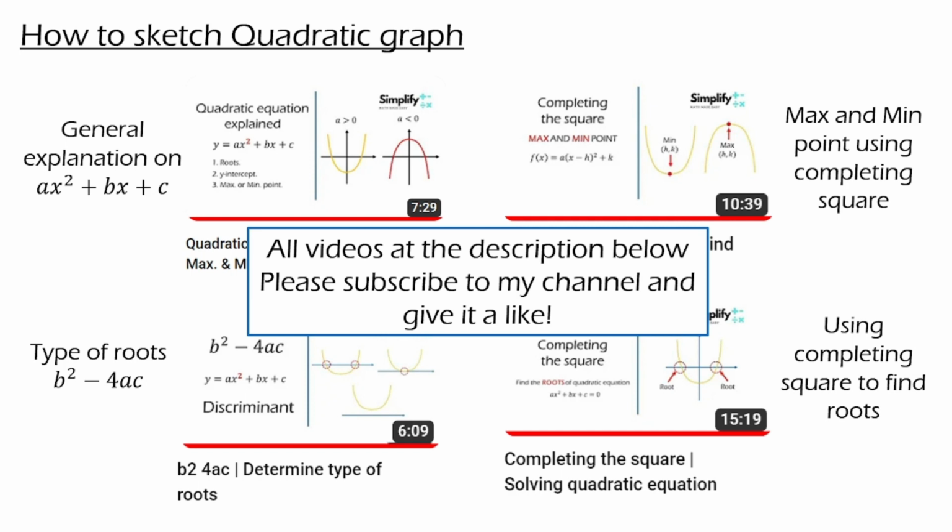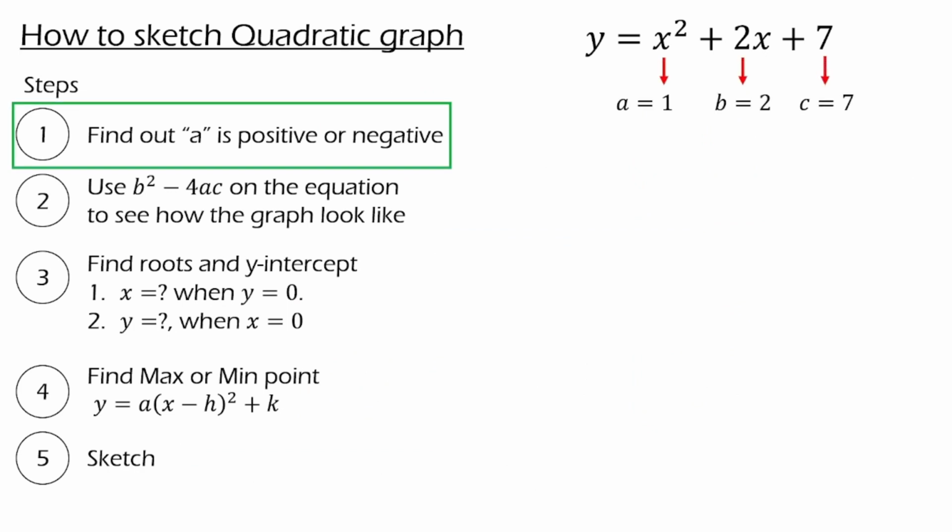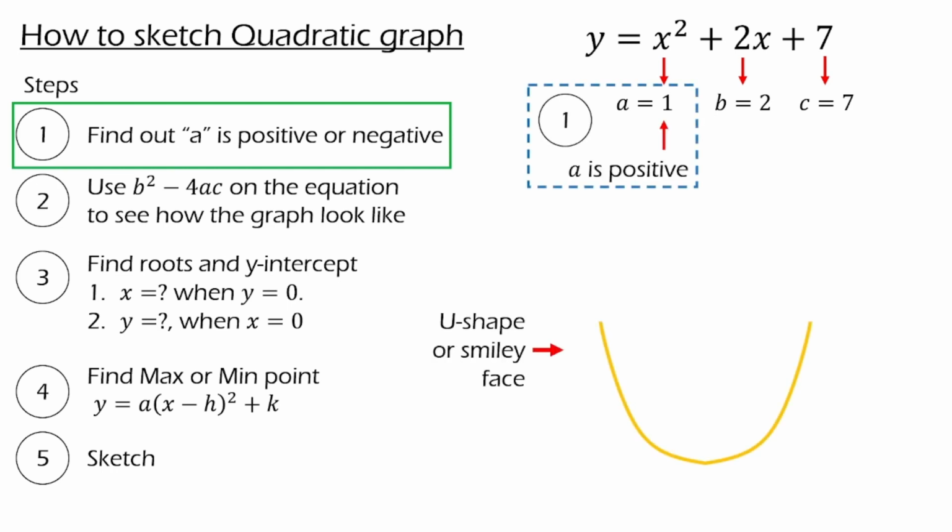Let's continue to discuss how to sketch the third graph. First step is we list down all the A, B and C, and then we see if our A value is positive or negative. In our case here, our A is positive, that's why our graph is going to have a U shape.